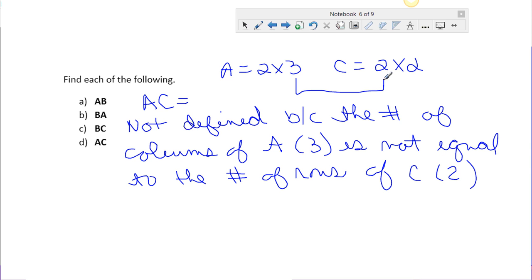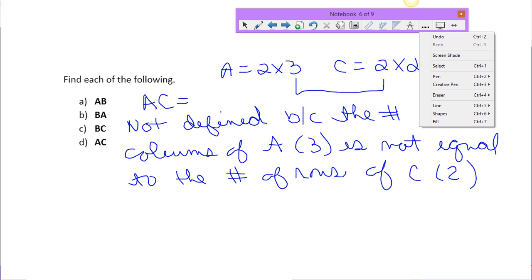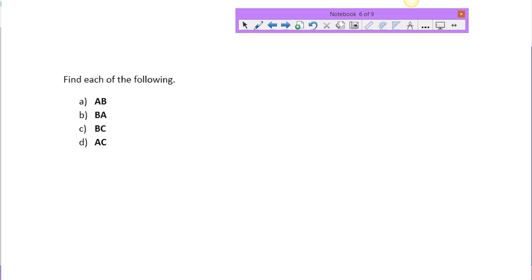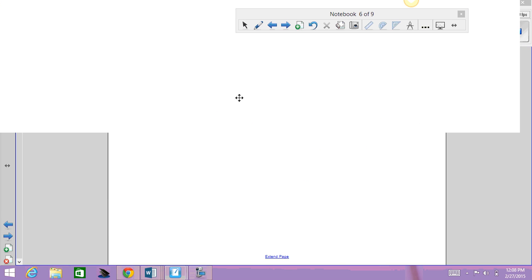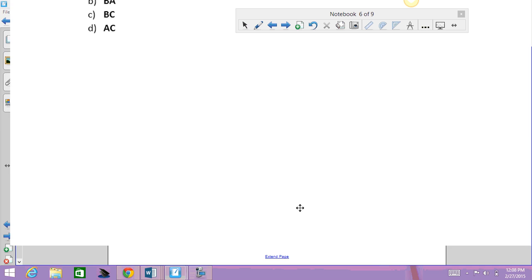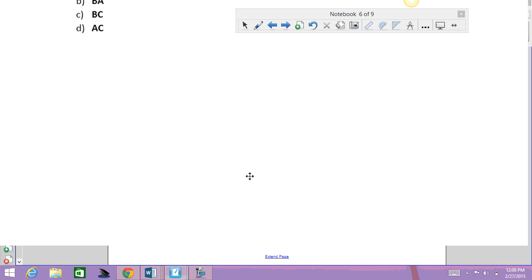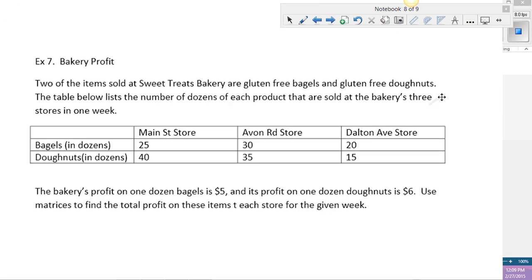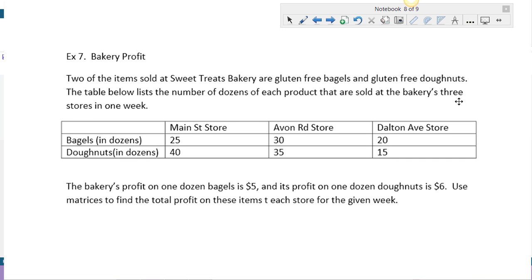All right, so let's go ahead and look at example 7 now. Just erase this real quick. So this is talking about a bakery profit. The 2 items sold at Sweet Treats Bakery are gluten-free bagels and gluten-free donuts.